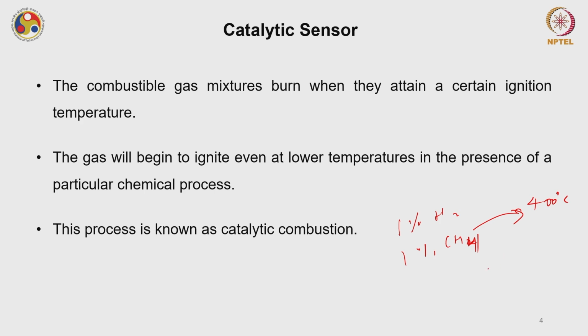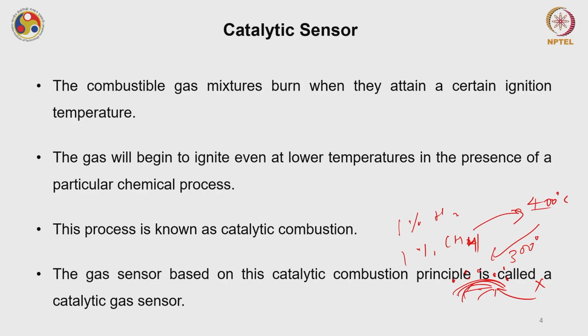What I will do is, I have some material, I am not naming it right now. Say I have a material X. If I add a little bit of platinum or say some other noble metal here which acts as a catalyst, this temperature at this surface will be much lower. Say it may be 300 degrees Celsius or so. So by using these catalytic properties, these catalytic sensors have been developed.